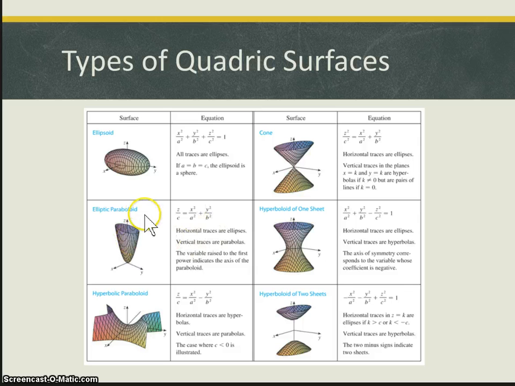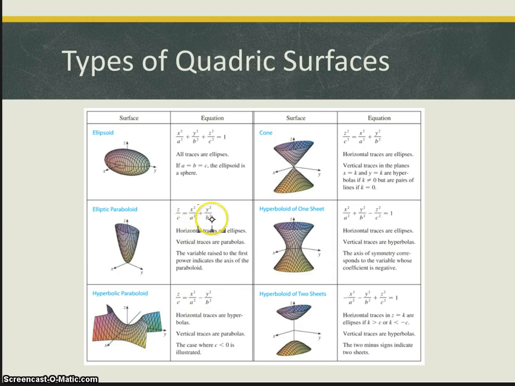The second type of surface is the elliptic paraboloid, and this is a commonly seen surface in Calc 3. The example we have here is of the form z equals something involving x squared and y squared.